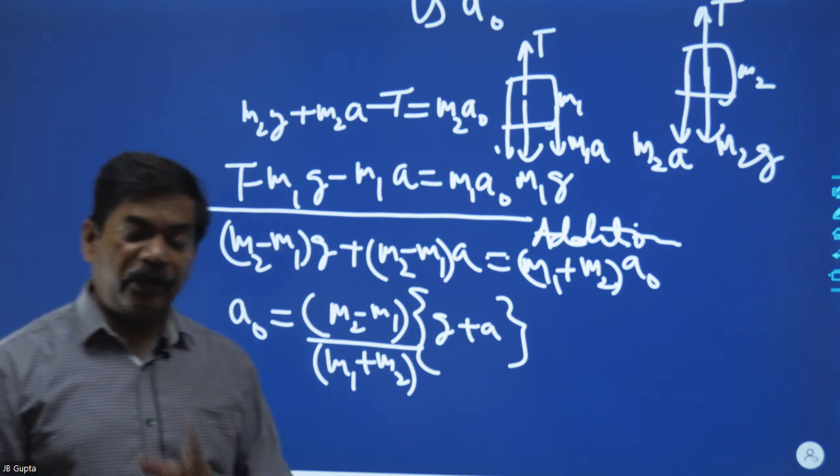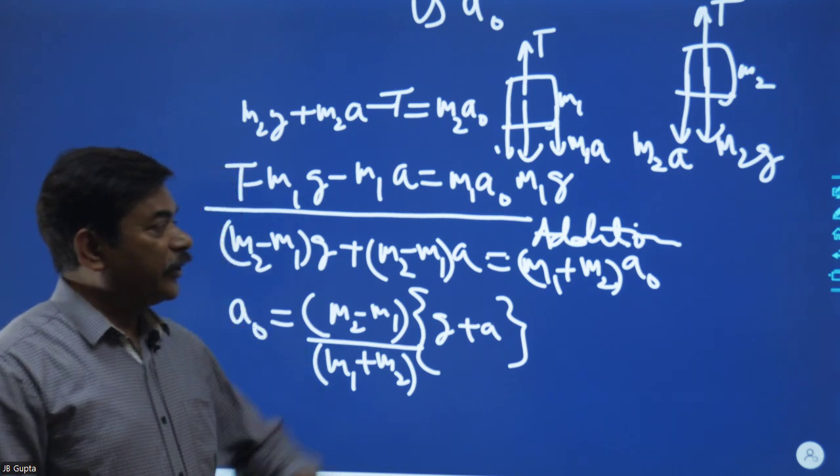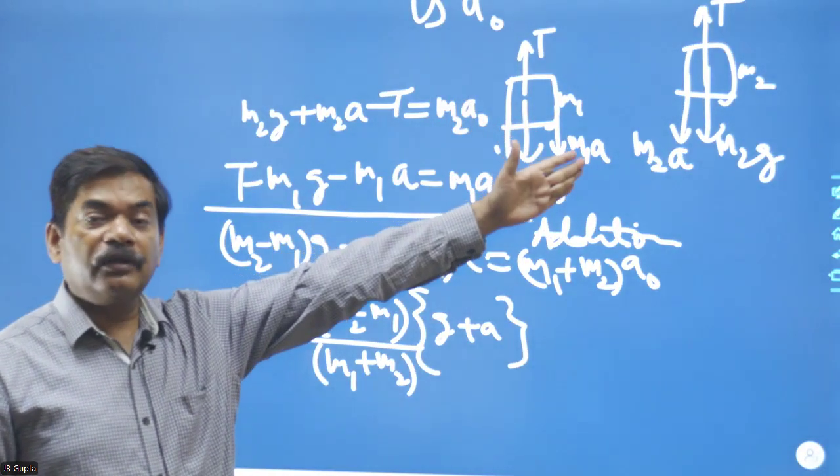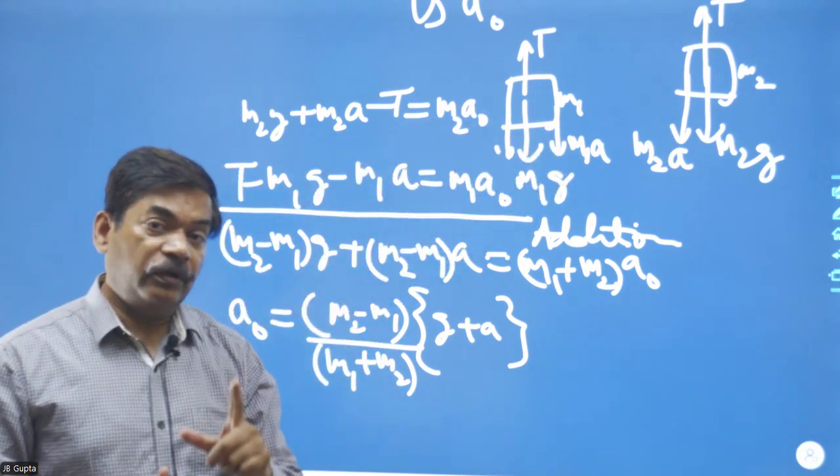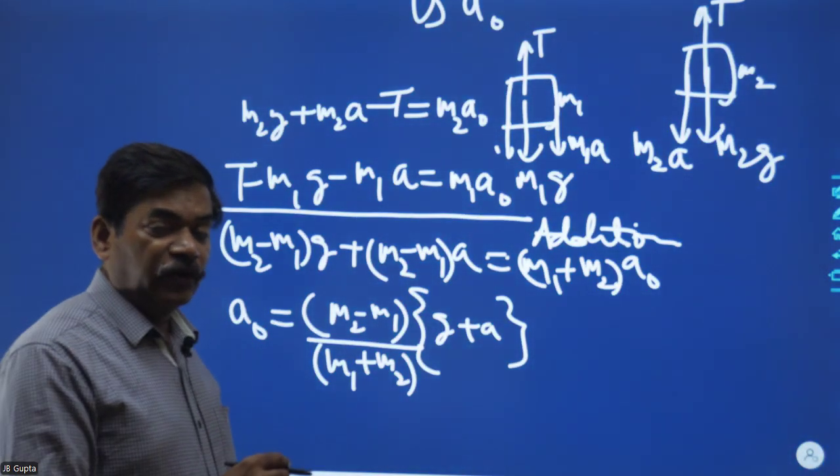अब आप देखो जो A0 है वो एक्सेलरेशन है M1 का भी और M2 का भी, पुली के रिलेटिव. अब आप ग्राउंड के रिलेटिव एक्सेलरेशन देखोगे.